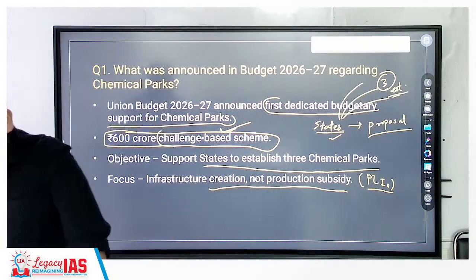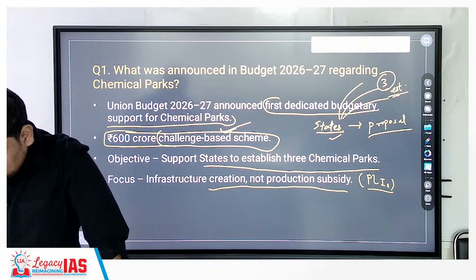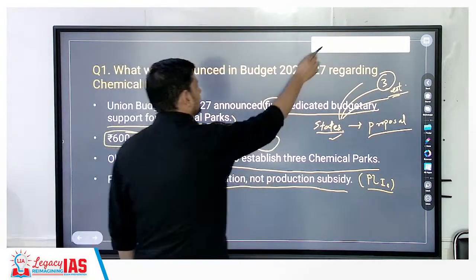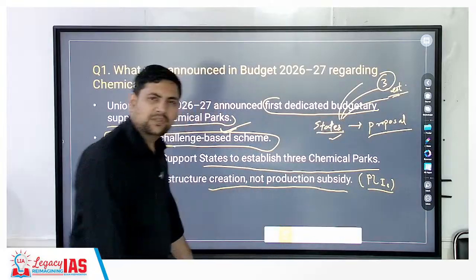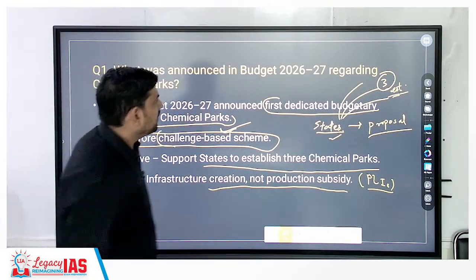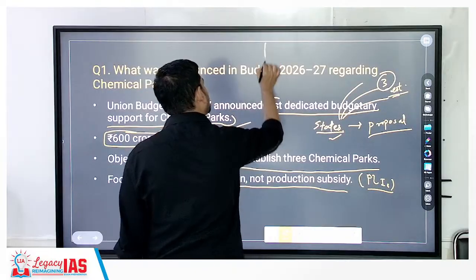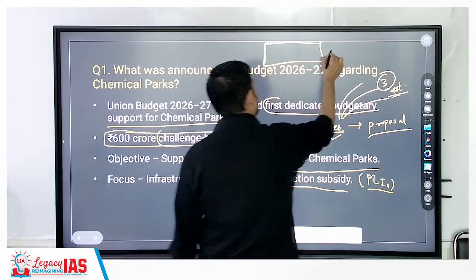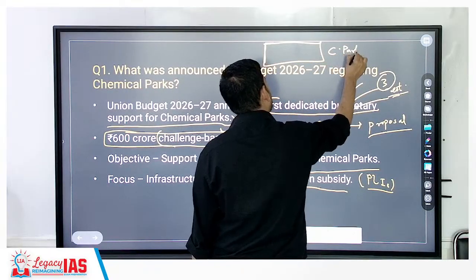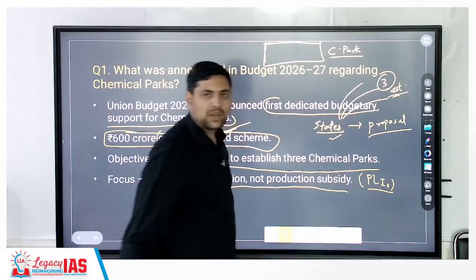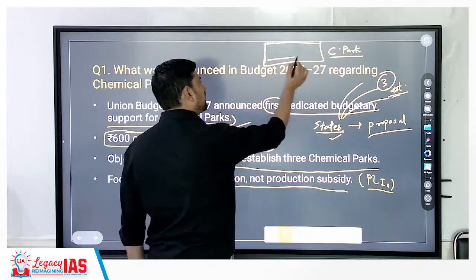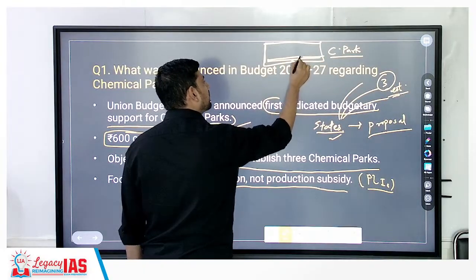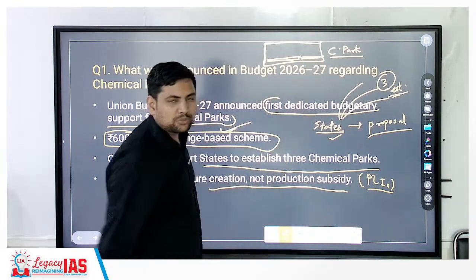So basically, what government does in chemical parks is this. In any park, for example food park, IT tech park, whatever, in food park, chemical park, what is the role of the government? So the government actually develops the park in such a way that it will provide all the water supply, all the drainage, wastewater has to be removed.